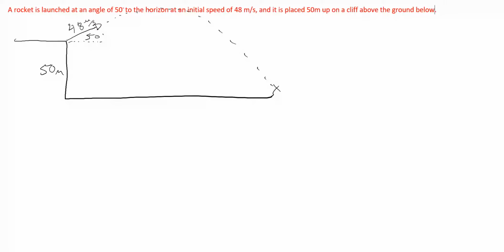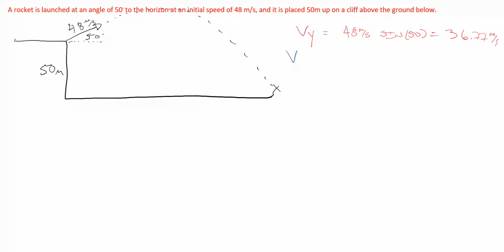Once again, v sub y is equal to our initial velocity of 48 meters per second times the sine of 50 degrees, which turns out to be 36.77 meters per second.